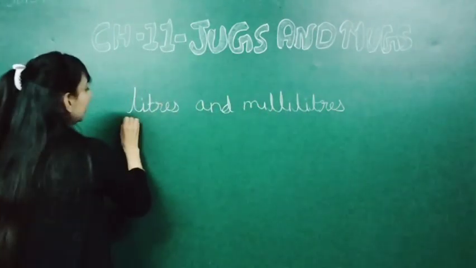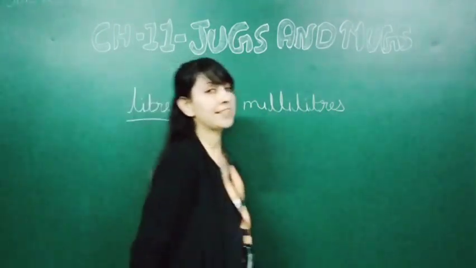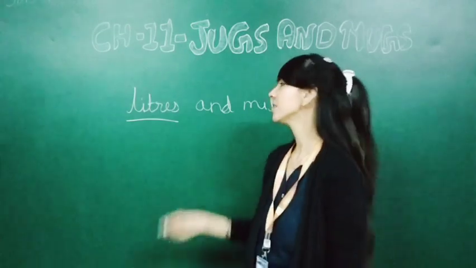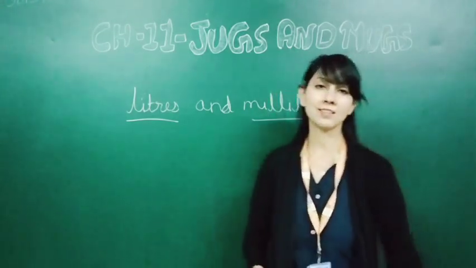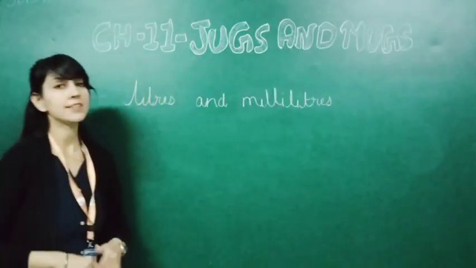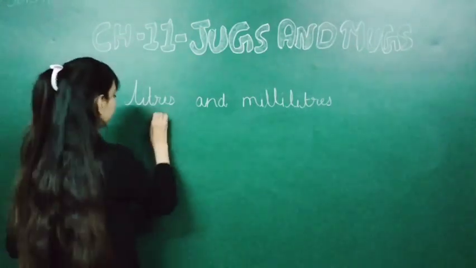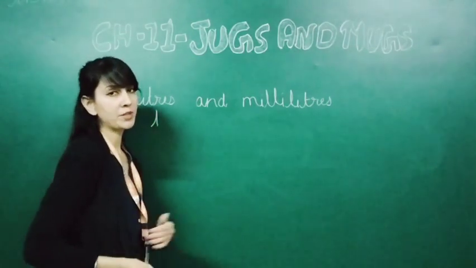In the bigger unit you can see liters. In the smaller unit you can see milliliters. Understood? Liters is denoted by L and milliliters is denoted by ml.